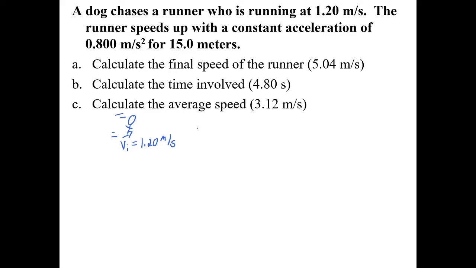And this person speeds up because they don't want to get bitten by a dog, or they want to get away from the dog, to a certain V final. We don't know what that is. Oh, but let's see what we know. We know the acceleration is 0.8 meters per second squared. And we know the distance is 15 meters.